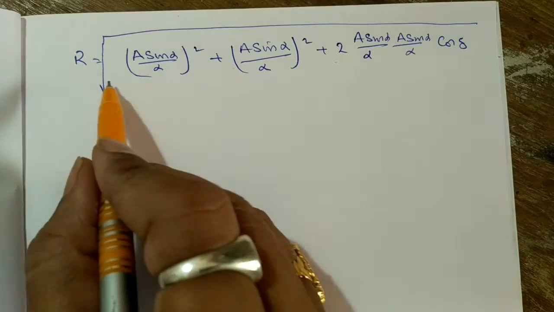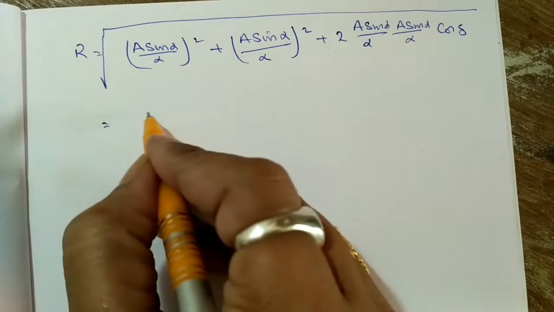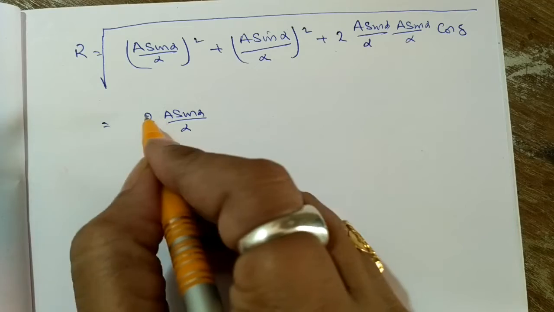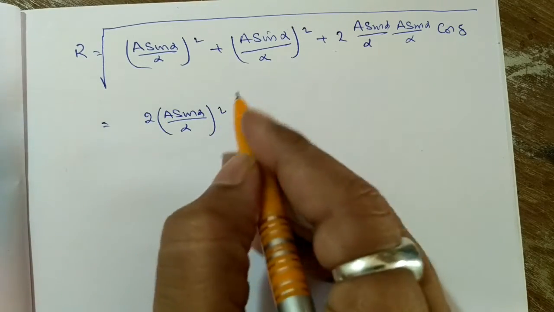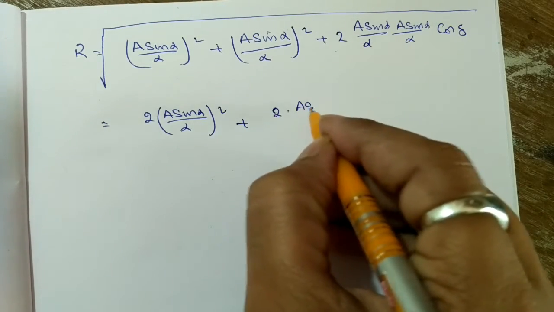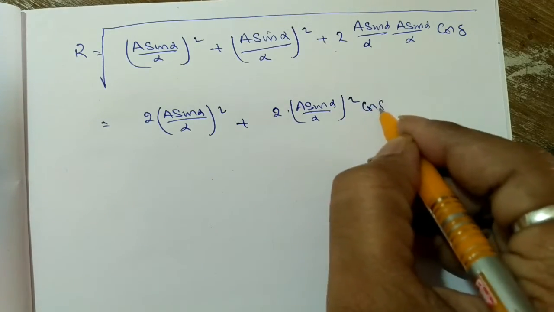Now I substitute the values in this equation. Solving, R is equal to root over (a sin alpha by alpha) whole square plus (a sin alpha by alpha) whole square into cos delta.